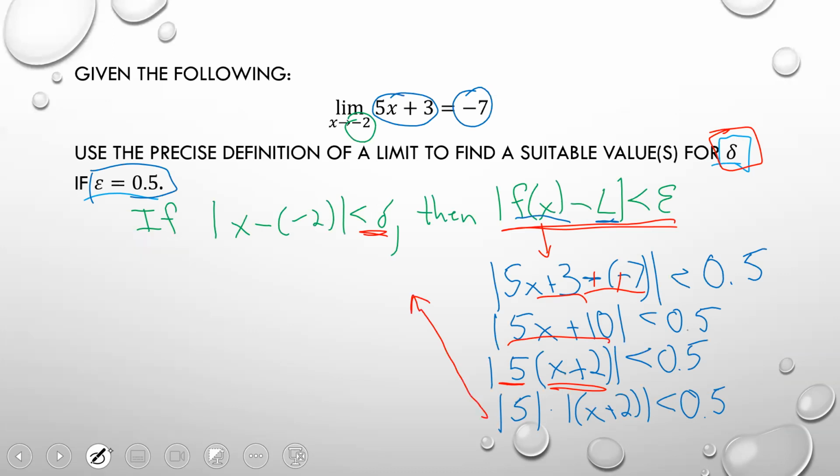Now the absolute value of 5 part, that part we can simplify, right? That's just the absolute value of a number. So absolute value of 5 is just 5. So it becomes 5 times the absolute value of x plus 2 is less than 0.5.